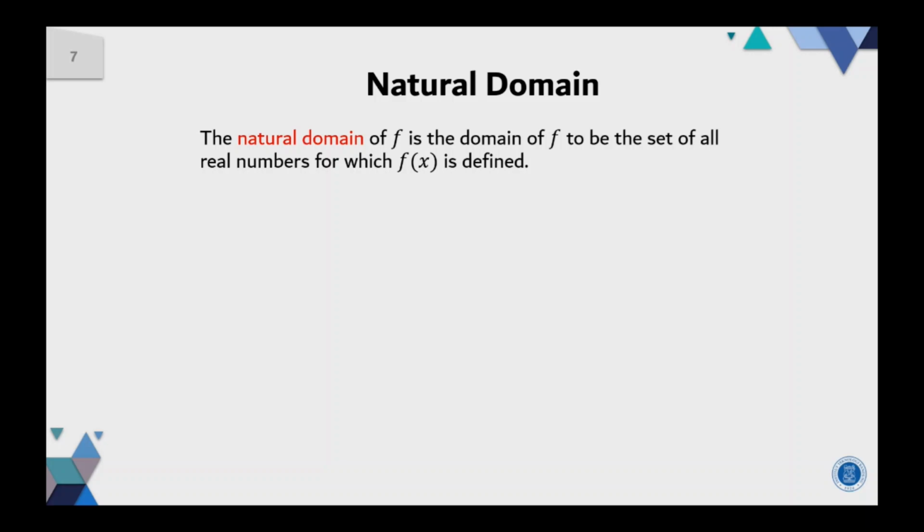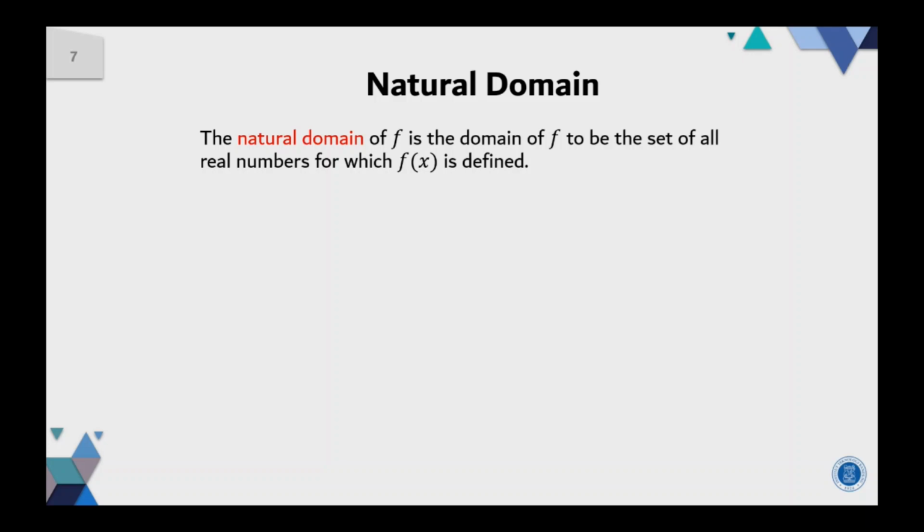So the next thing that we will learn about the function is what we call the natural domain. In the definition of the function, you have learned that the set A, the set where the elements are being assigned, is called the domain.